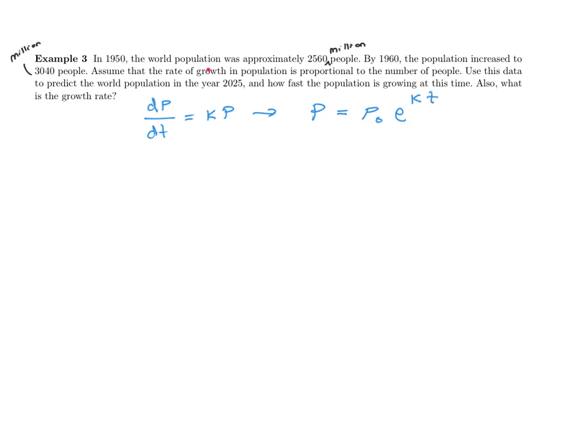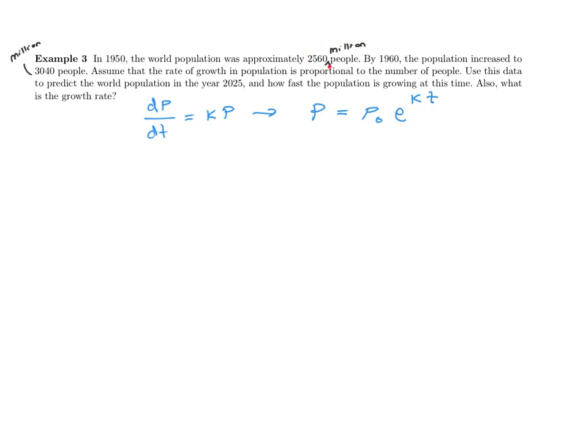I'd like to use these two data points to predict what the world population will be in the year 2025, and also how fast the population is growing at this time. To start with, we have to decide what our initial amount is, and then how to solve for k.